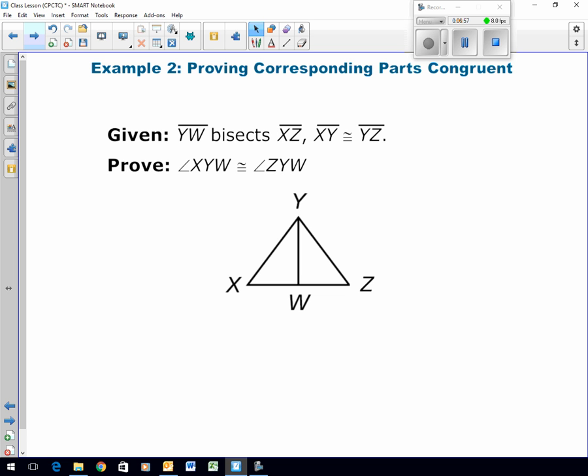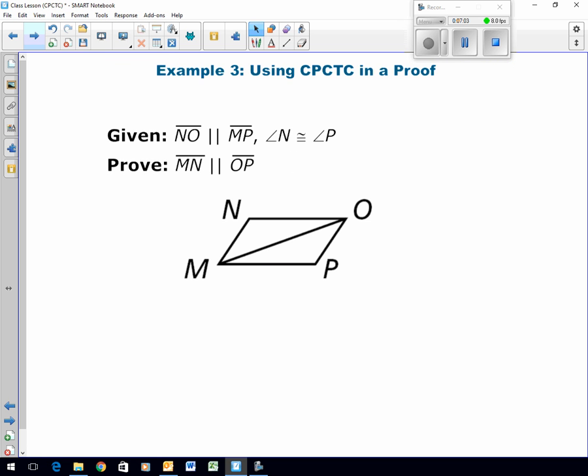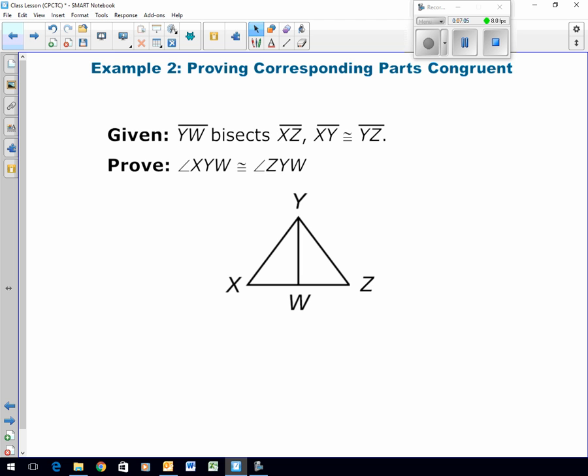Watch how I would do this proof. I'll go back to this drawing. Where would I start with any proof? With the given information. If YW bisects XZ, what does that mean about these two angles, XYW and ZYW? They're congruent.